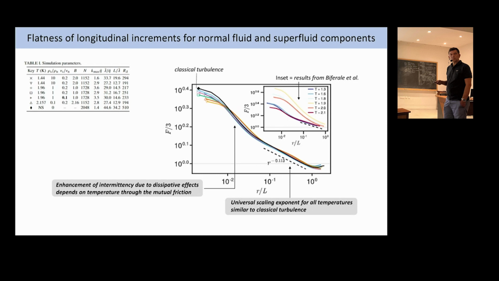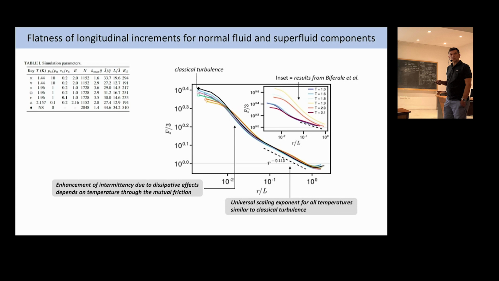So our conclusion is that in the inertial range, in the cascade range, you have universality, and universality is the same as classical turbulence. But when dissipative processes come into play, you lose this universality, and it depends in particular on the temperature.